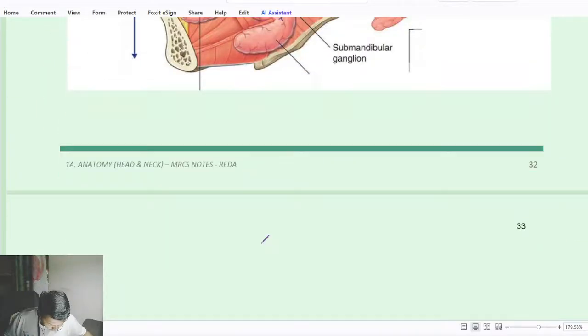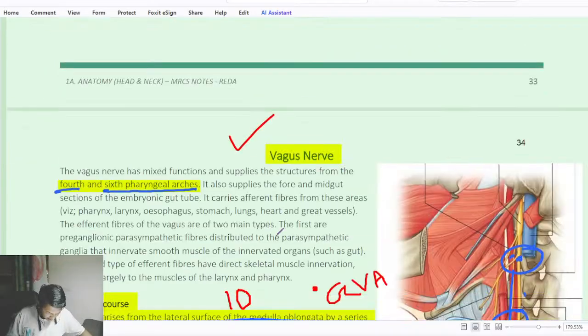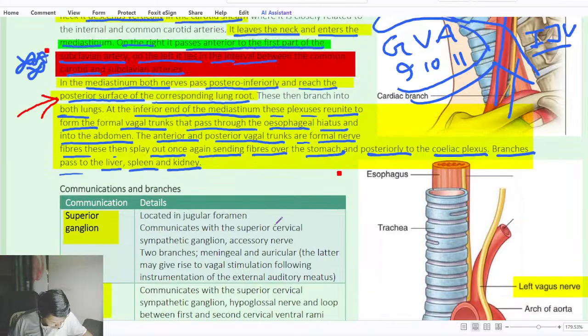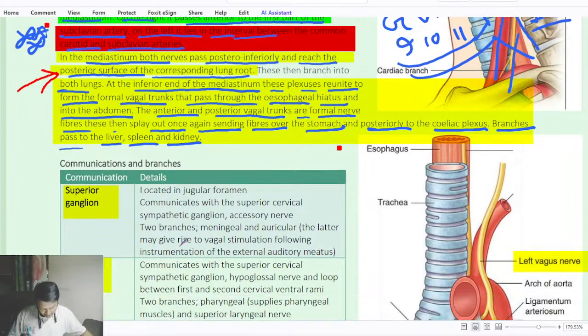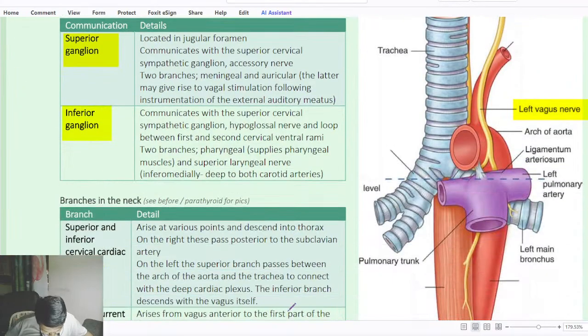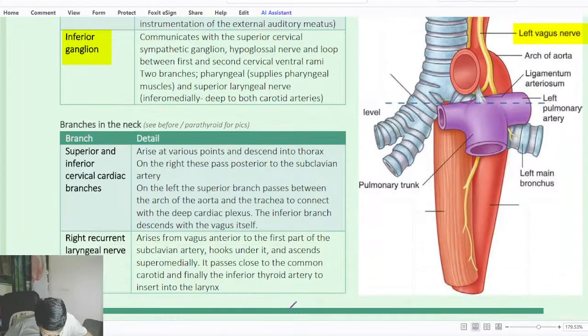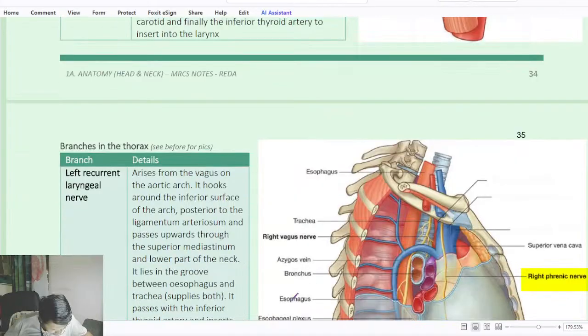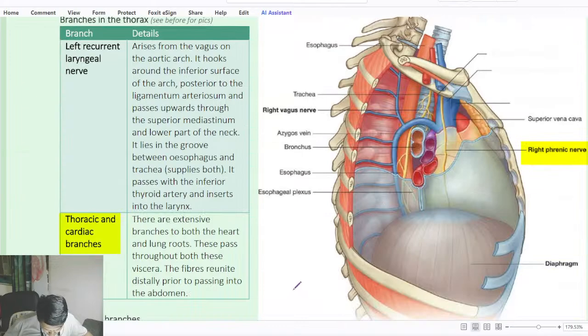So vagus you can read again and again to get the maximum. Communication and branches. Superior ganglion, inferior ganglion branches, superior and inferior cervical cardiac branches, right recurrent laryngeal, left recurrent laryngeal, thoracic and cardiac branches.